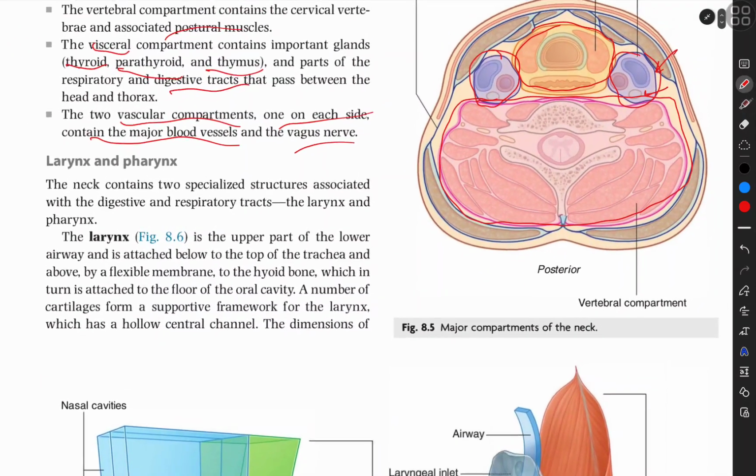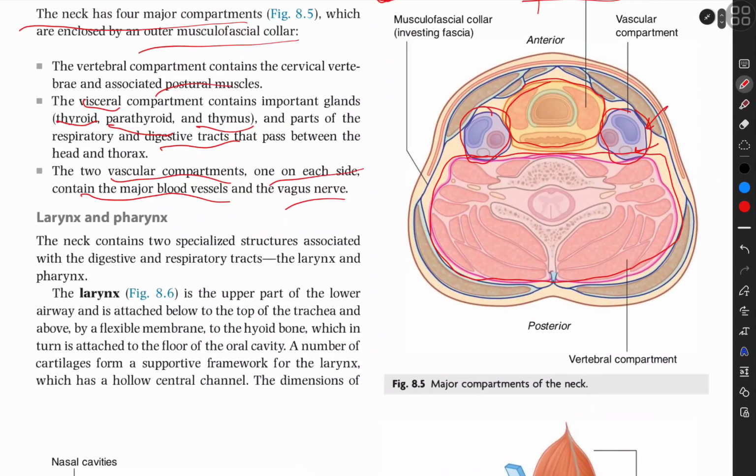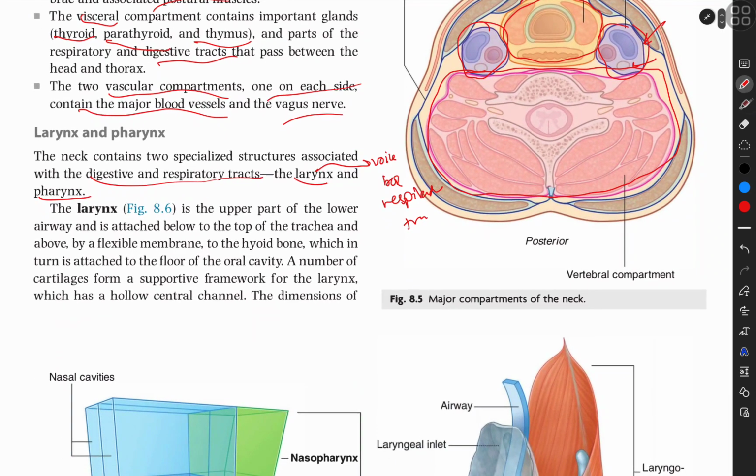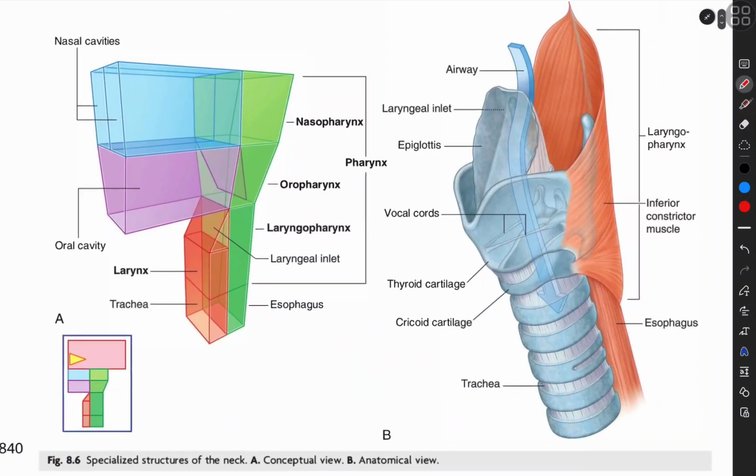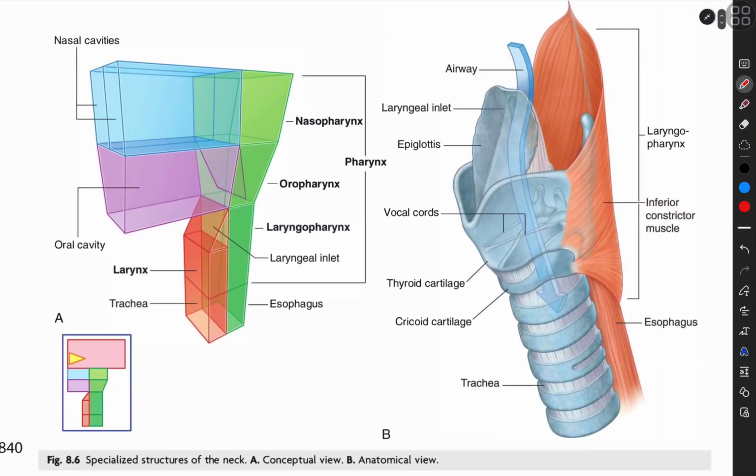Larynx and pharynx. The neck contains two specialized structures associated with the digestive and respiratory tracts. The larynx, which is the voice box, is associated with the respiratory tract, and the pharynx is common to both of them. So this complete area is the pharynx, but the larynx is a small compartment over here.